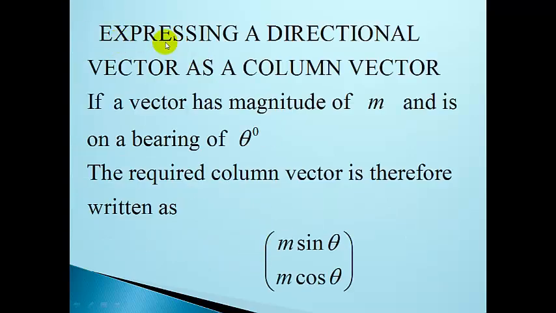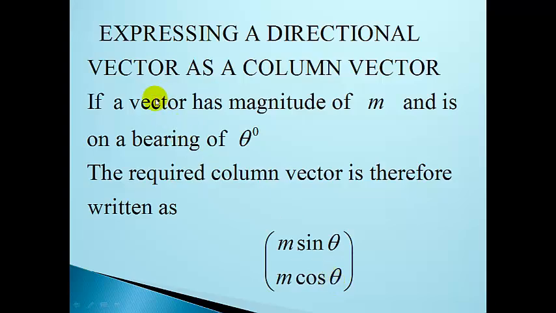Now let's look at how we can express a directional vector as a column vector. If a vector has magnitude of m and is on a bearing of theta degrees, the required column vector is written as m sin theta, m cos theta.